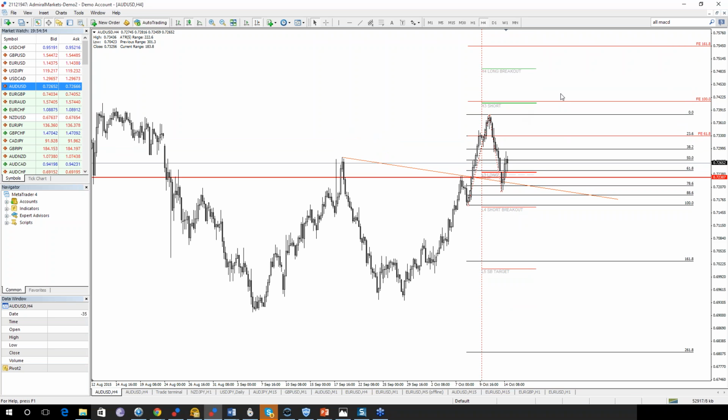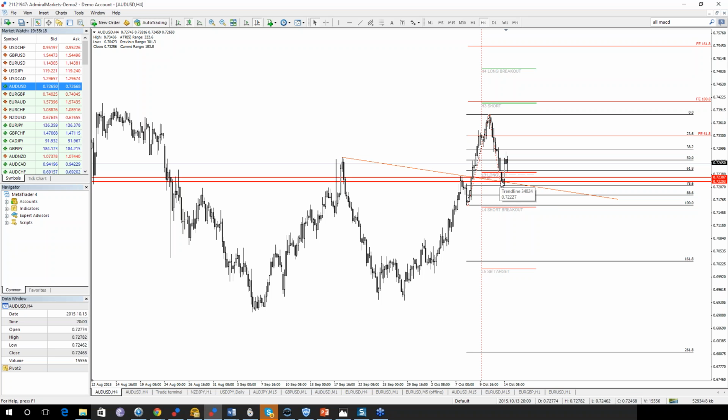Okay, let's use another example. Goran is asking. Carol is saying he's not understanding this. It's the low of the candle. Yes, but usually it's very close to your entry point. It doesn't matter. You could have entered at 70. Let's say that exactly this level here is your entry point.